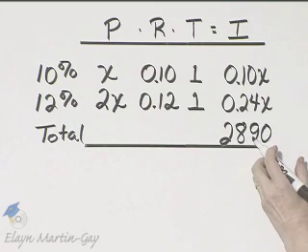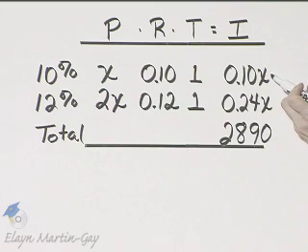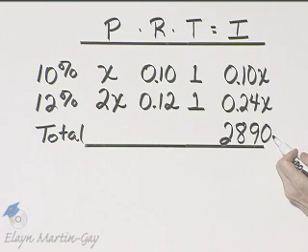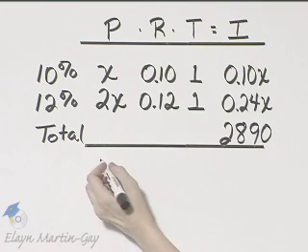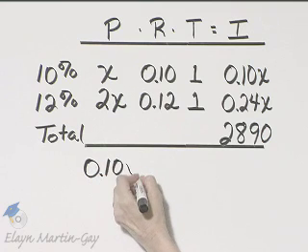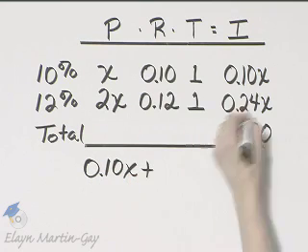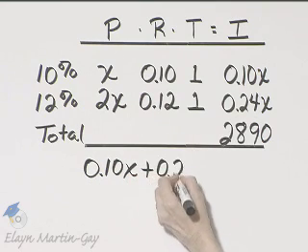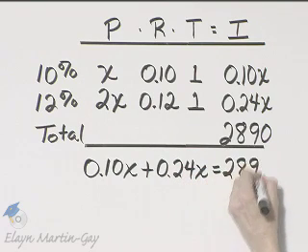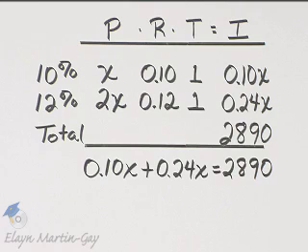Because we're given total interest, it must be this interest plus this interest to equal this interest. And that's how we translate to an equation. This interest, 10 hundredths X plus 24 hundredths X equals 2,890. That is your equation to solve.